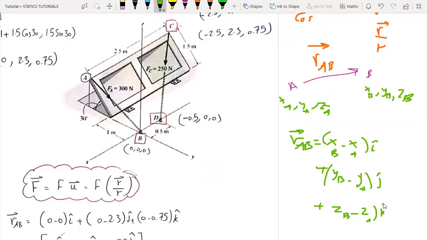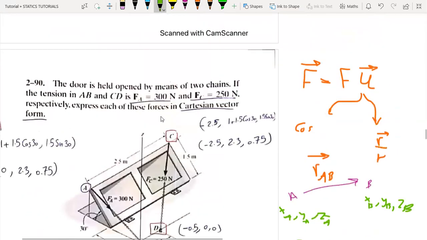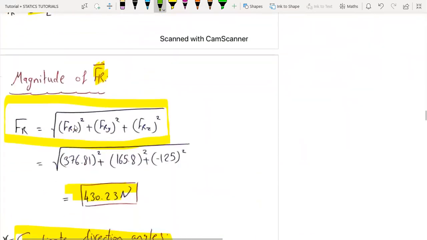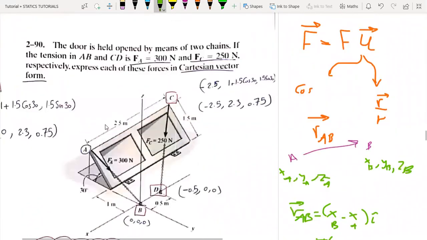And then for the magnitude, as we did here, you take the square root of the x component squared plus the y component squared plus the z component squared. So let's complete here.